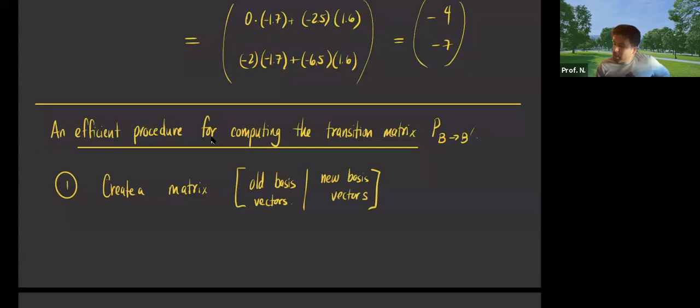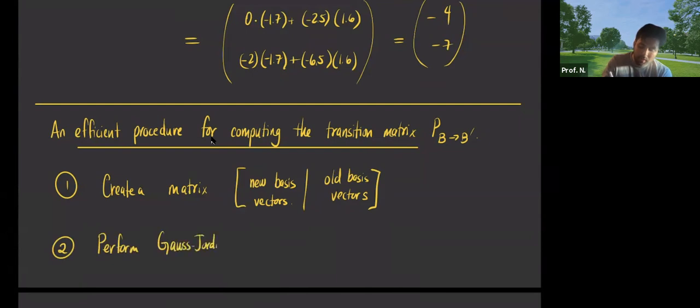And so actually, let me see. It's the other way around. It's the old with the new. So it's the new on the left side and the old on the right side. So once we create that matrix, then we perform Gauss-Jordan elimination.